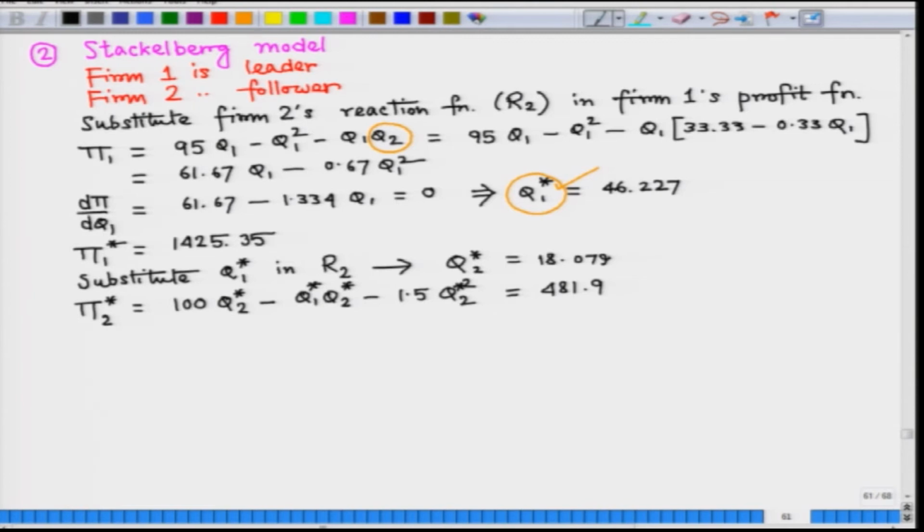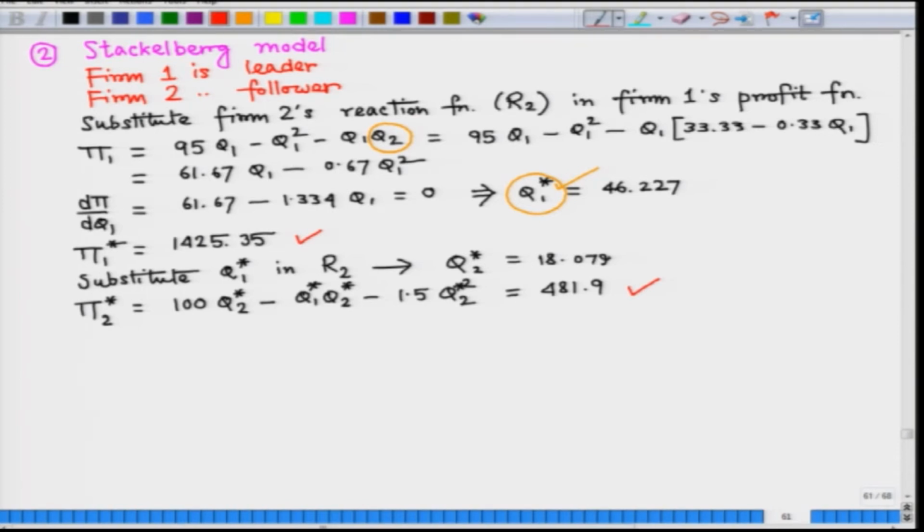So, you can see here that if farm 1 behaves like a Stackelberg leader, its profit is much higher than compared to the Stackelberg follower duopoly farm.